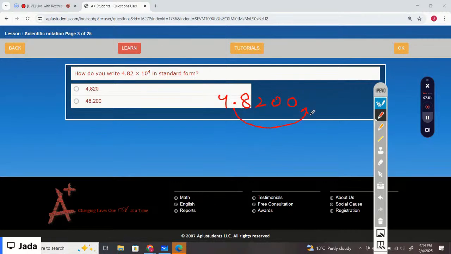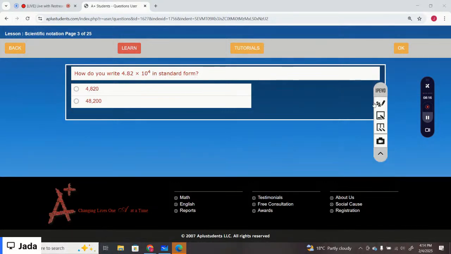So it would be moved from here to here, that is 48200. Option number 2 is the correct option.